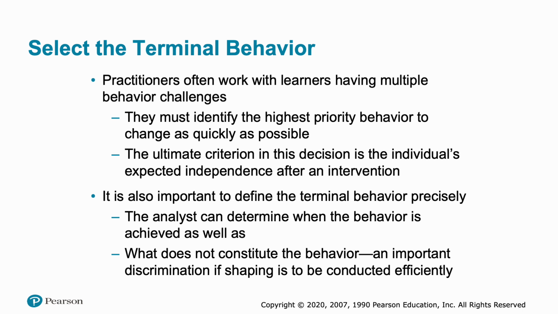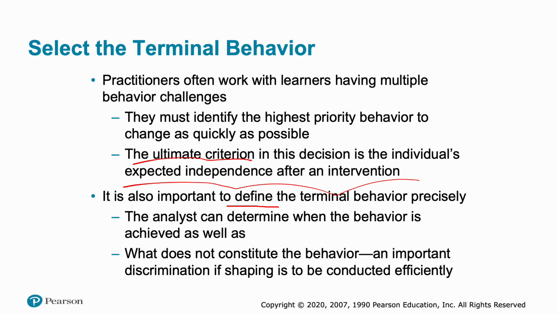So anytime that we are determining the target behavior, we also want to make sure that we are very clearly defining what that behavior is going to look like. Okay, so actually, let me go back to the previous point. The ultimate criterion is going to be what the individual's expected independence is after an intervention.